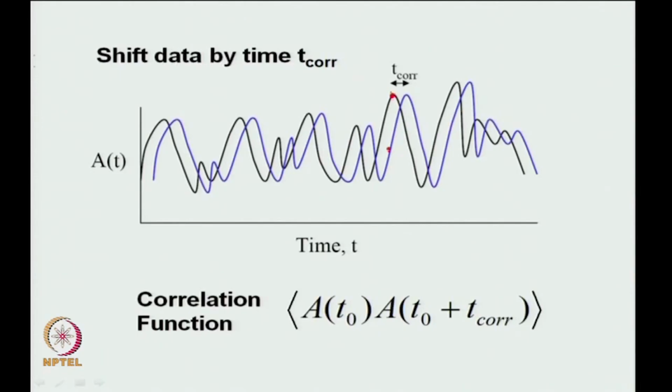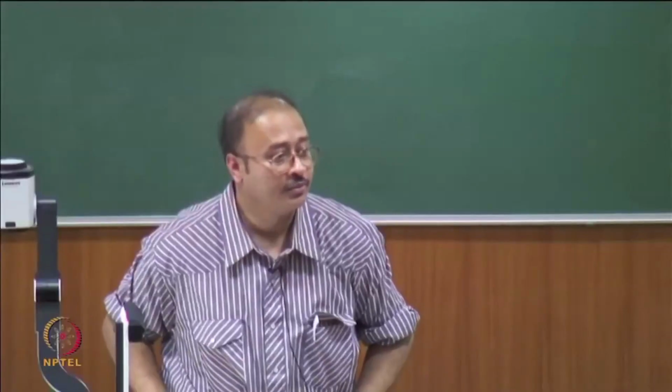Now, think about this. If I take the product of A t0 times A t0 plus T correlation, don't you see that because the T correlation is shifting like this, the product is decreasing?